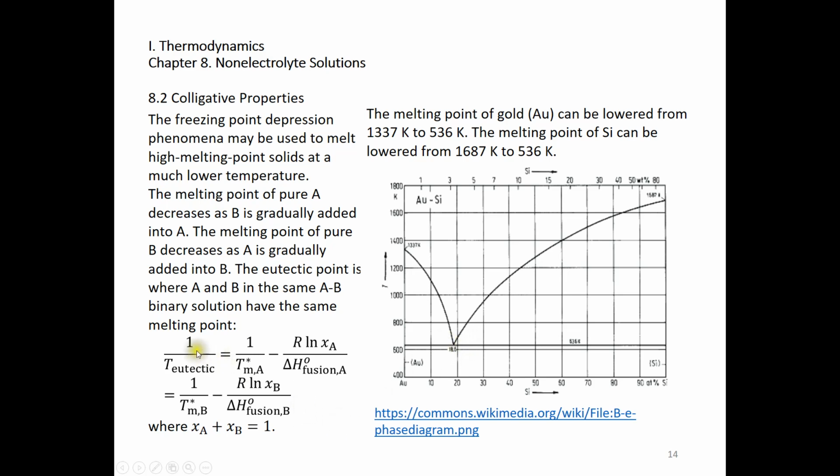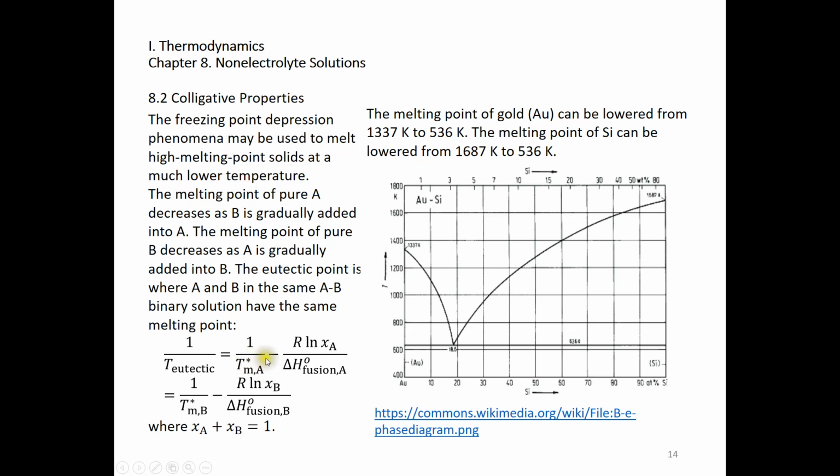So first, I'm going to name this melting point the eutectic point. Now we have 1 over the eutectic point is equal to 1 over the melting point of pure A. T sub m stands for melting point.